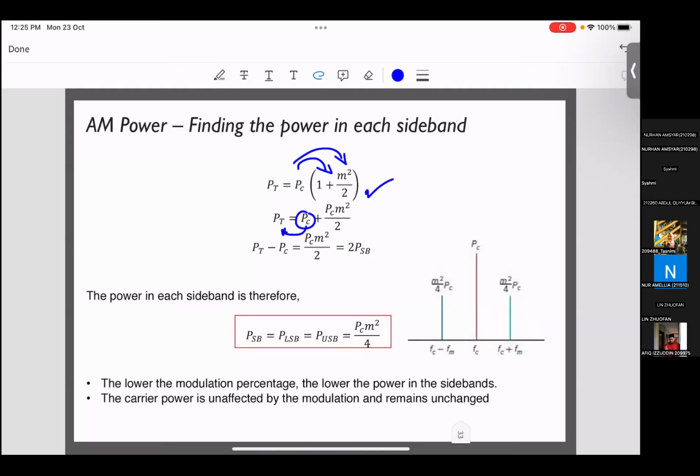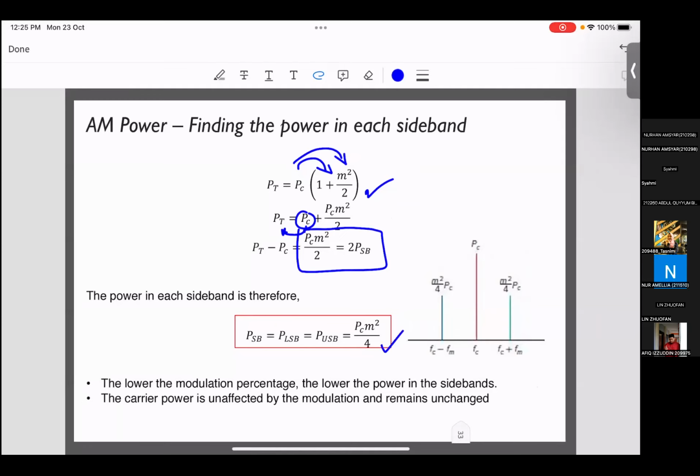And we know that PT minus PC is basically 2 PSB. Remember our example just now? PT minus PC is 2 PSB. So this is equivalent to this. Therefore, 1 PSB is equal to PC m squared over 4.